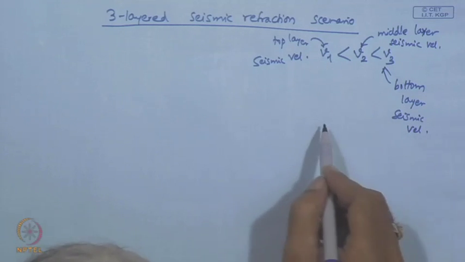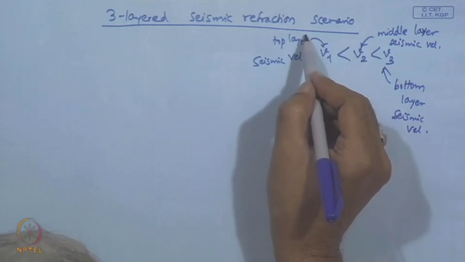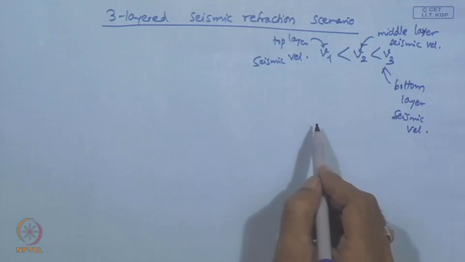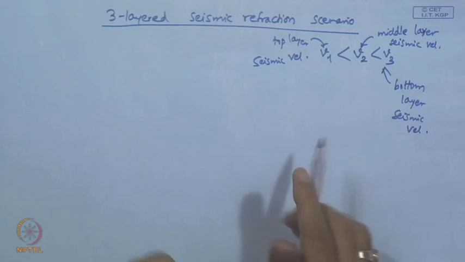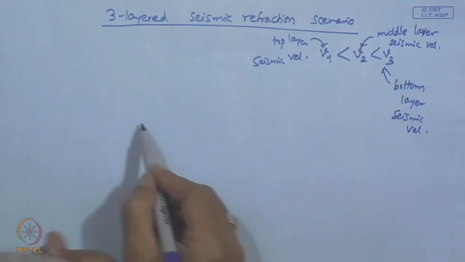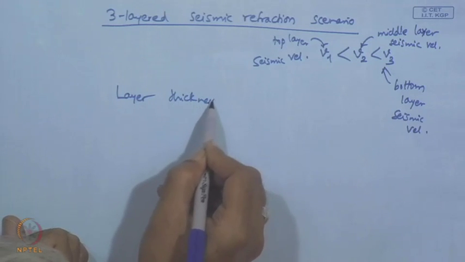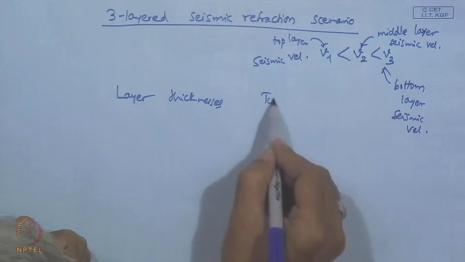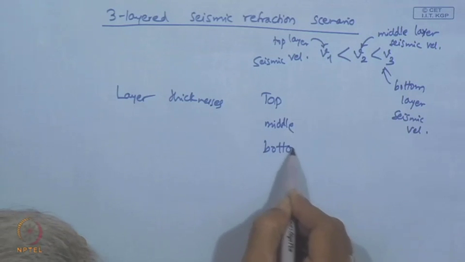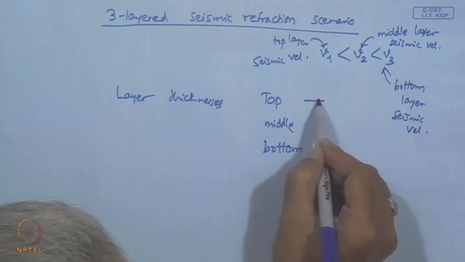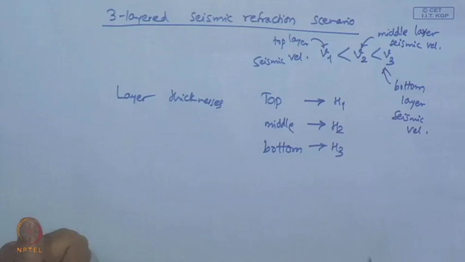Each of these layers has thicknesses H1, H2 and H3, so the layer thicknesses are top, middle, bottom: H1, H2 and then H3.